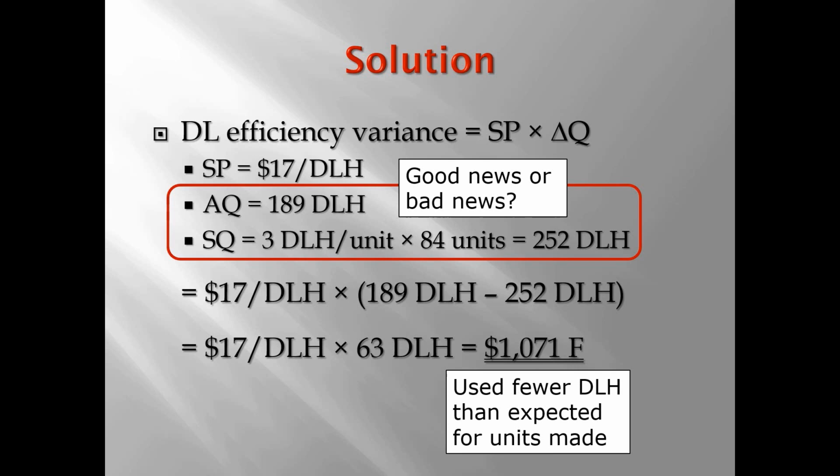But those aren't the only possibilities. It may be that the workers did the work faster, but made more mistakes along the way. So that would have a bad effect on the product's quality. The point about variance analysis is that you still need to investigate why a variance occurred and then determine what that means for the firm going forward.